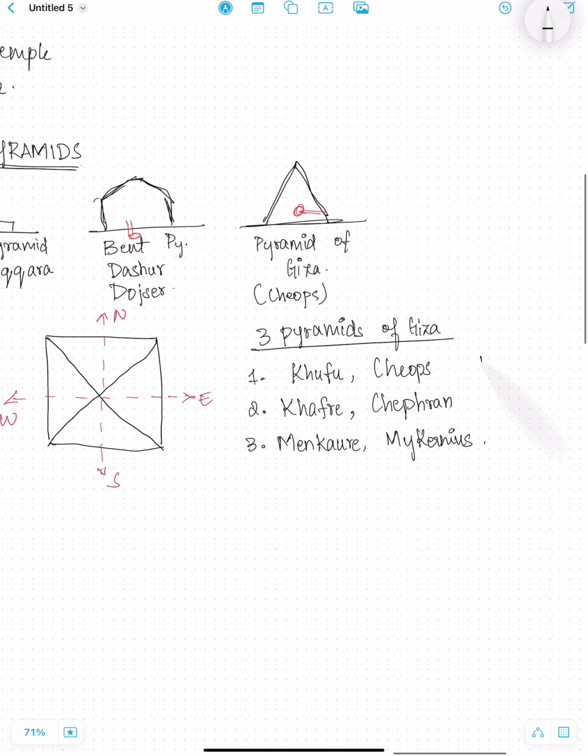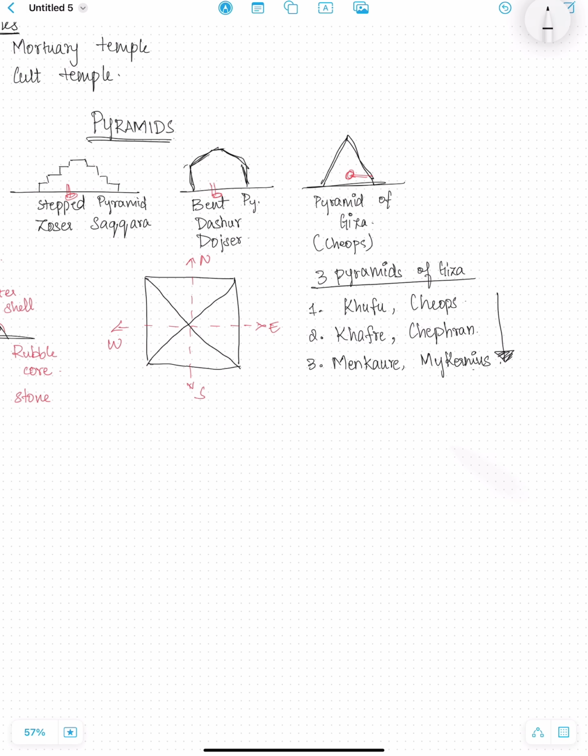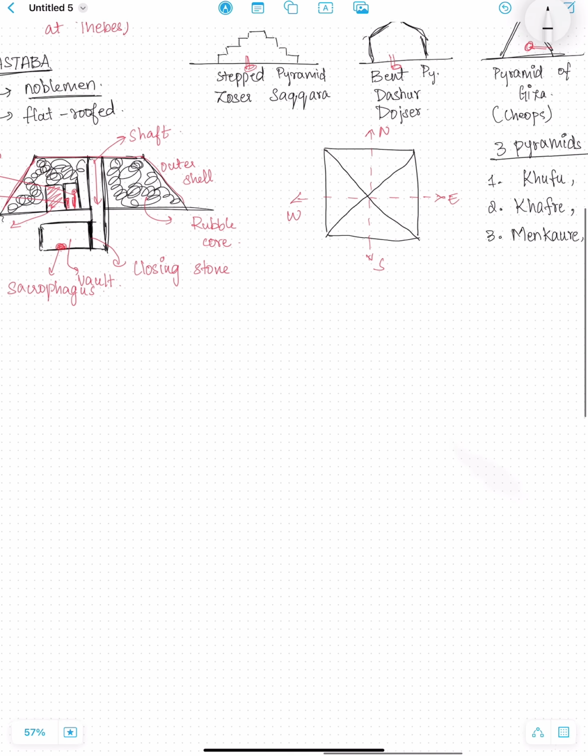So this is in descending order of size. This is the largest, second largest, and the smallest. Now we'll talk about the pyramid complex.